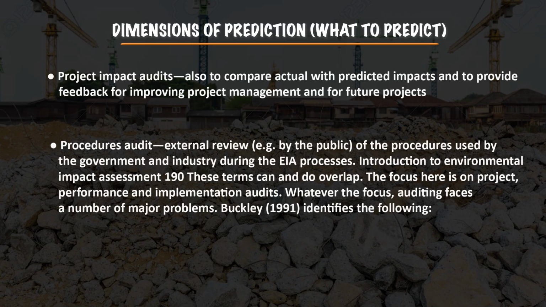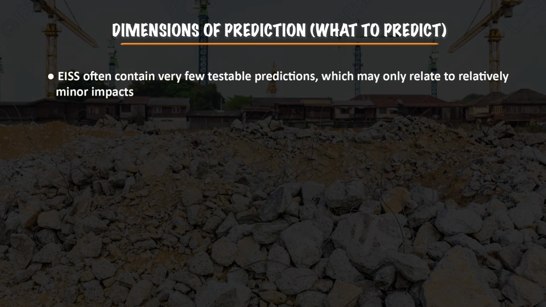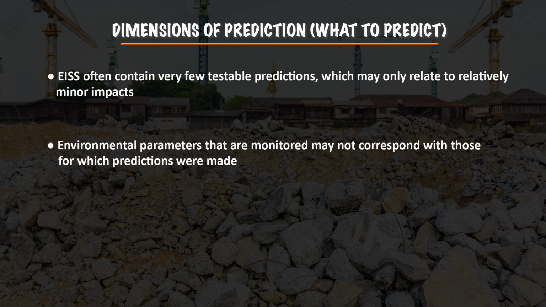Whatever the focus, auditing faces a number of major problems. Many researchers have identified that it often contains very few testable predictions, which may only relate to relatively minor impacts. Environmental parameters that are monitored may not correspond with those for which predictions were made.